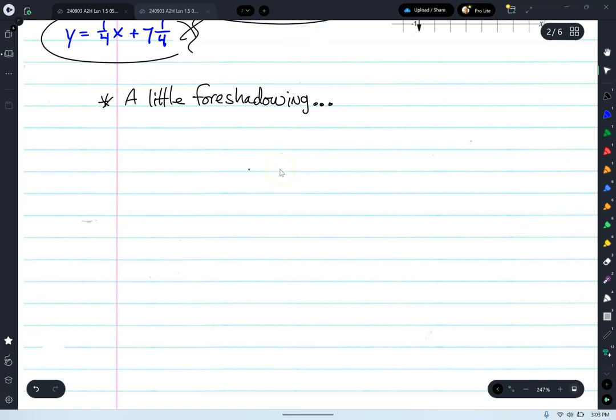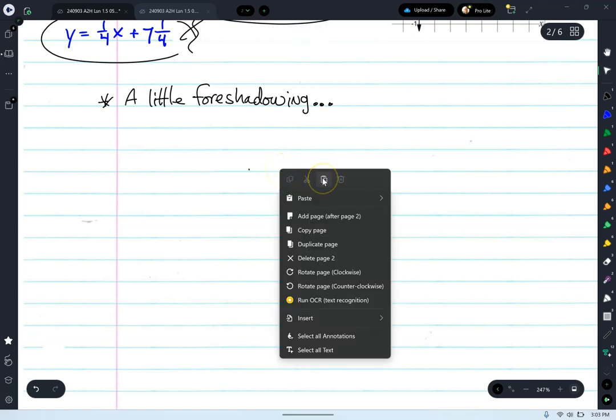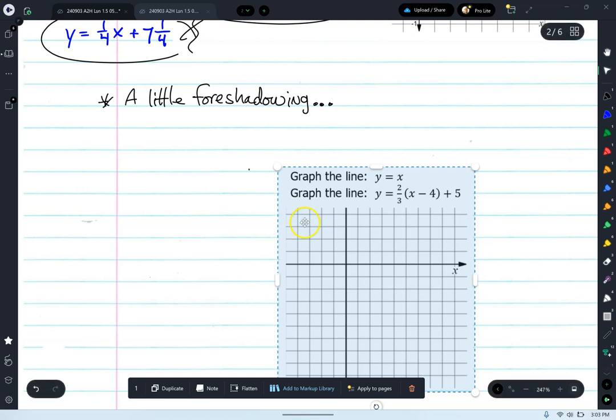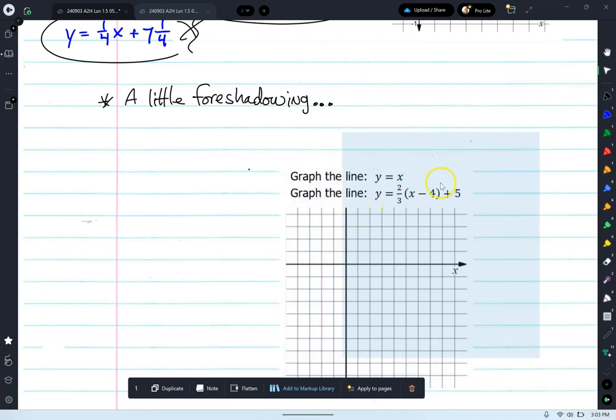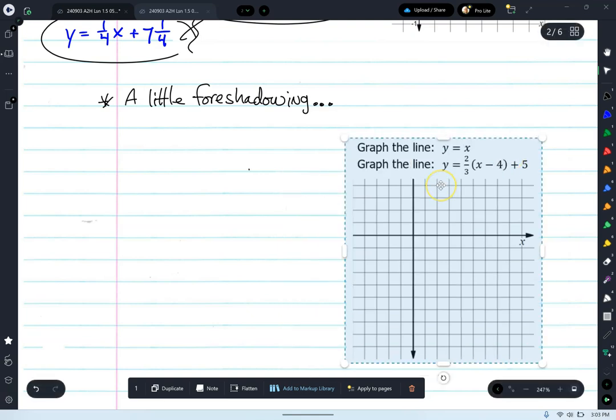Okay, now I'll show you where I want you to put this one. So this one we're going to kind of paste over here a little bit to the side, like right about there. Okay, so get that one glued up.